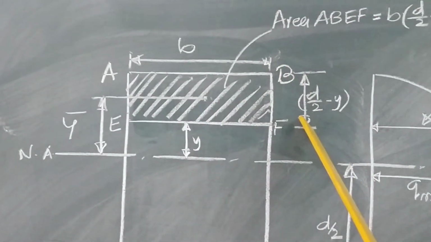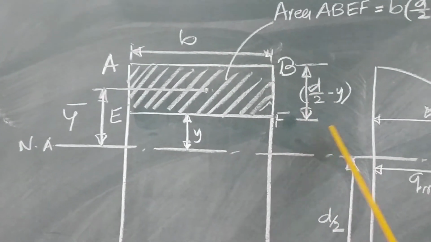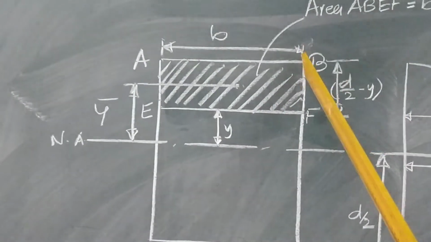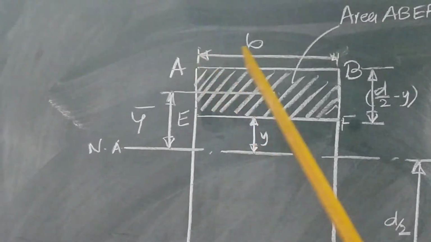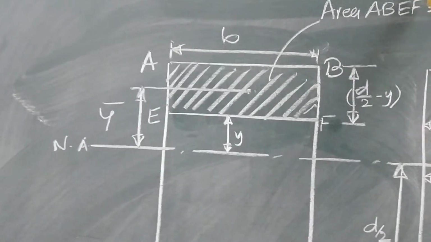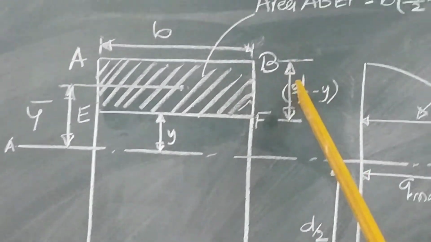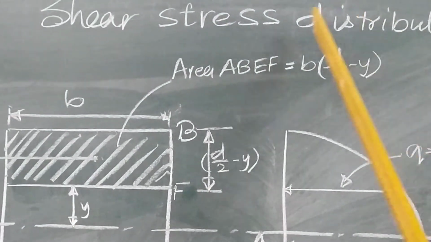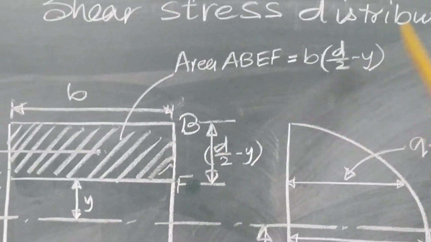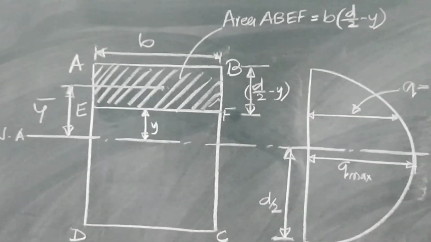Therefore, this side is d by 2 minus y, because this complete is d by 2 and this is y. Now, area of ABEF is B into d by 2 minus y. This is nothing but the area of this selected rectangle.